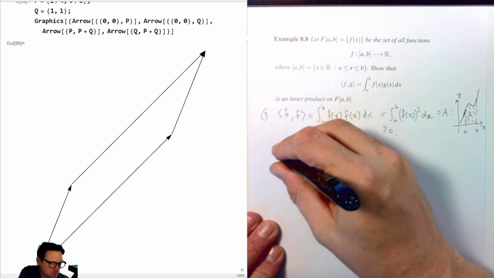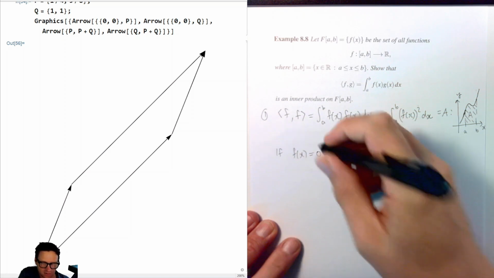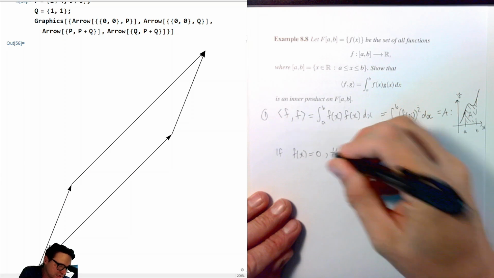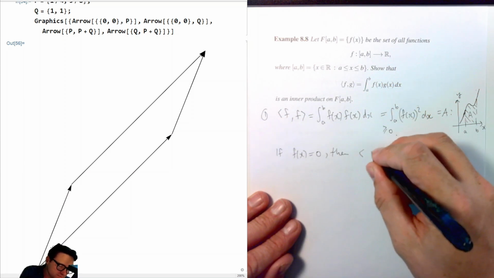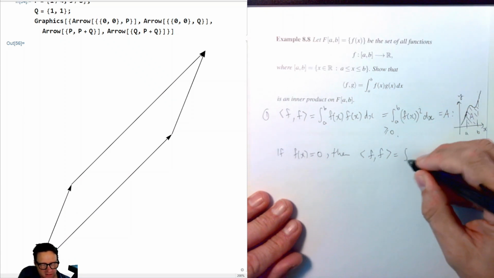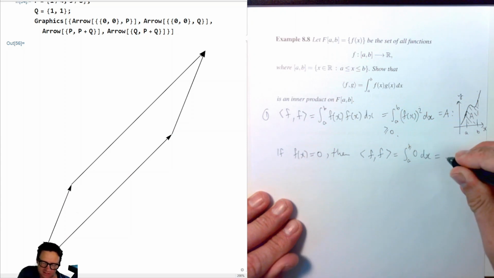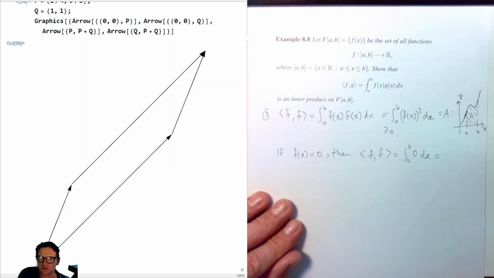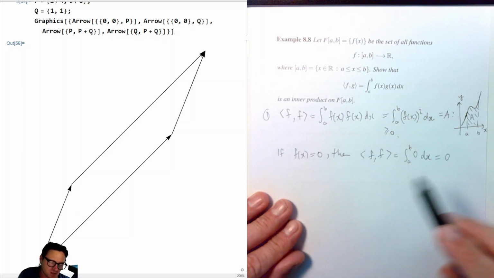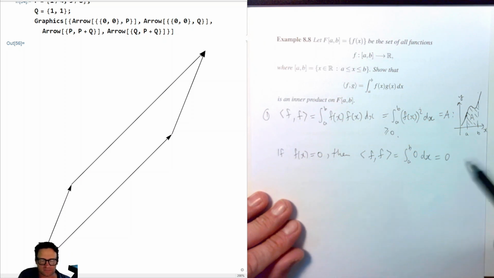So if f of x is equal to the 0 function, then clearly the inner product of f with itself is just the integral from a to b of 0. The integral of 0 is 0, but then we sub in a and b, we still get 0. Okay, so if f of x is 0, then our inner product gives 0.